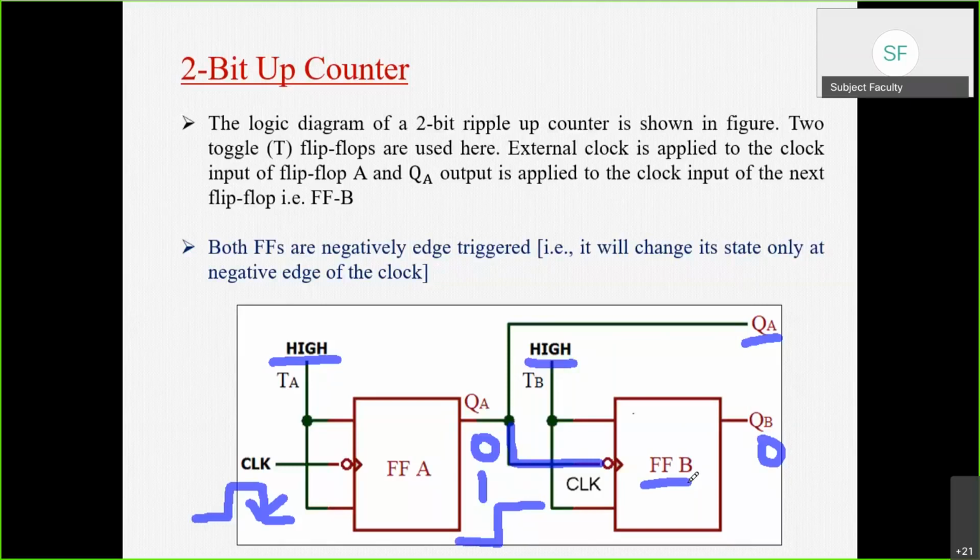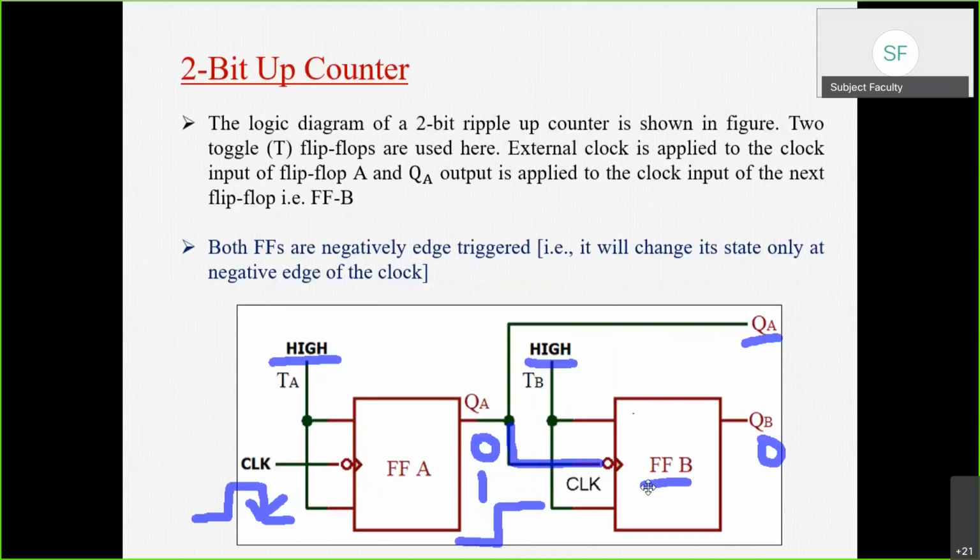This is very crucial and you should understand it. For flip-flop B, the clock signal is not this signal. This is the clock for flip-flop A, but the output of flip-flop A, QA, is the clock to flip-flop B.